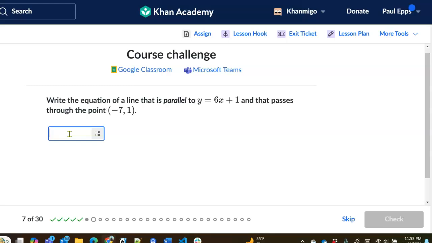Point slope formula is y minus, and this is a point on the line, so y minus 1 equals, so it's parallel, so it's going to have the same slope, which is 6 times x minus x1, which is negative 7, so it's plus 7. Yeah, let's go with that.